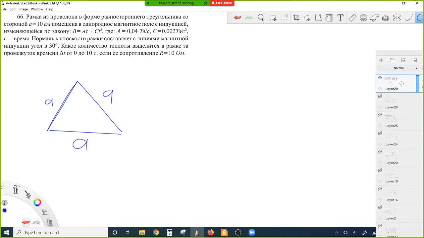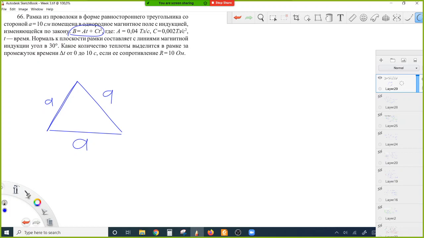A loop in the form of equilateral triangle with a side of 10 centimeters is placed in a magnetic field with the magnetic flux density B equal to AT plus CT squared. Okay, where A and C are constants.